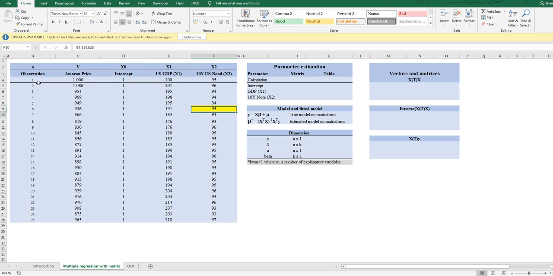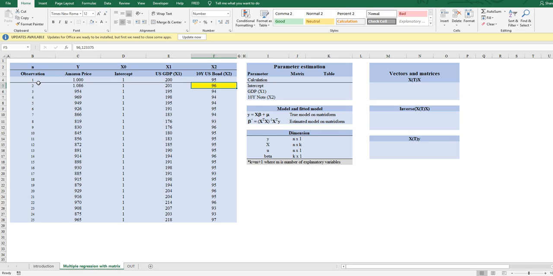Alright, now I would like to build a model where the ultimate goal, of course, is to predict the Amazon price from the model.